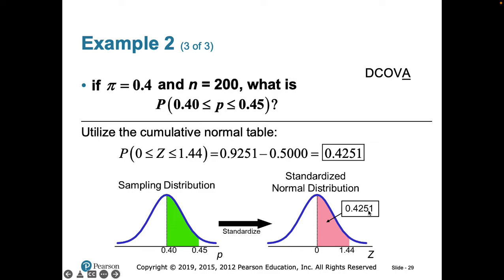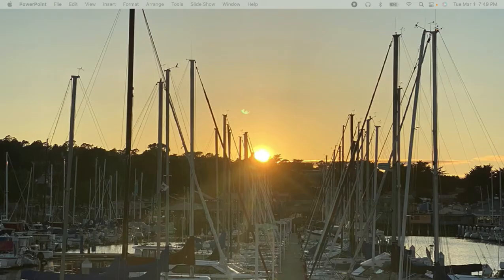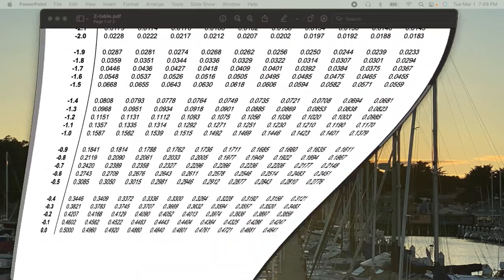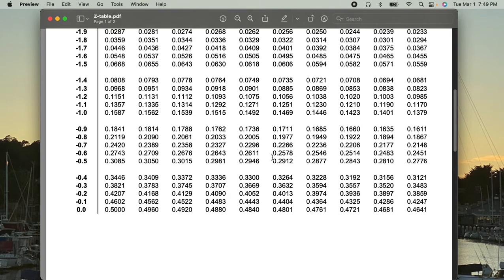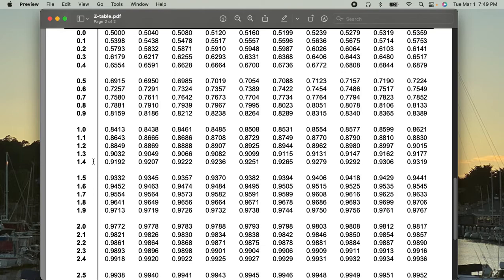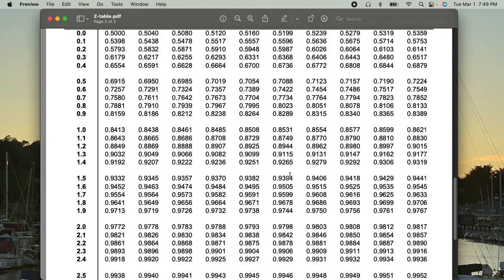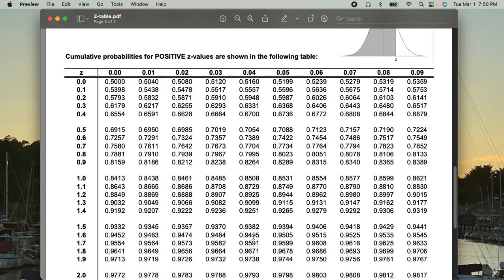So we can take a look at the Z table, and you can find the value here. Let's just do that one more time, just to show you guys where that is on your Z table. So we are looking for 1.44. And that will be right over here, 0.9251.